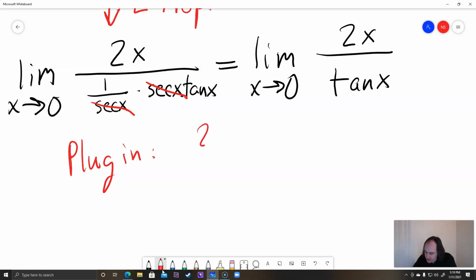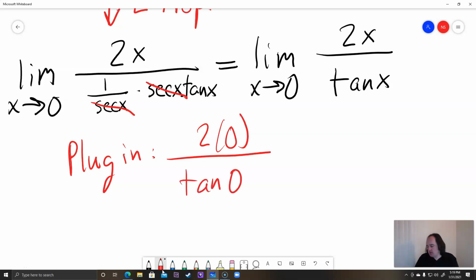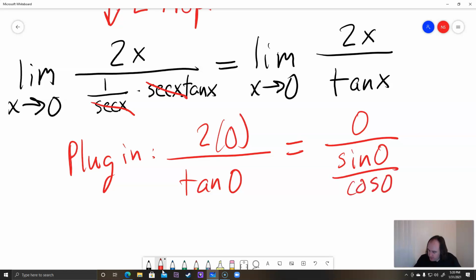If we plug in 0, on the top we're going to have 2 times 0, and on the bottom we're going to have tangent of 0. If you have a calculator, you can type in tangent of 0, or you can use the unit circle. It's just sine of 0 over cosine of 0. Sine of 0 is the y-coordinate when you're at 0, which is 0. Cosine of 0 is the x-coordinate, which is 1. In other words, tangent of 0 is 0 over 1, which is 0.